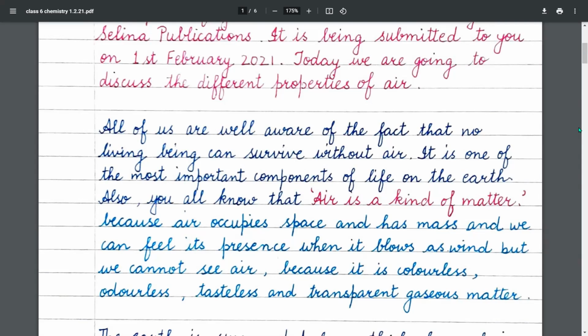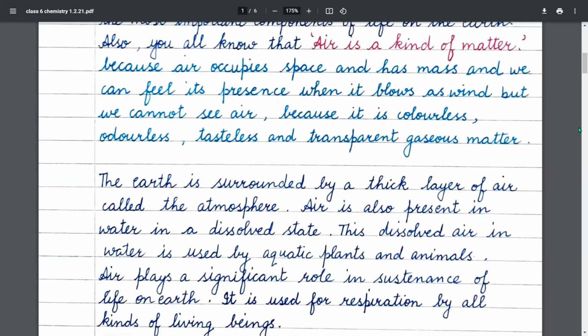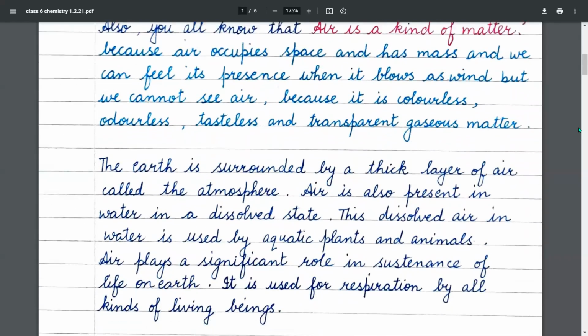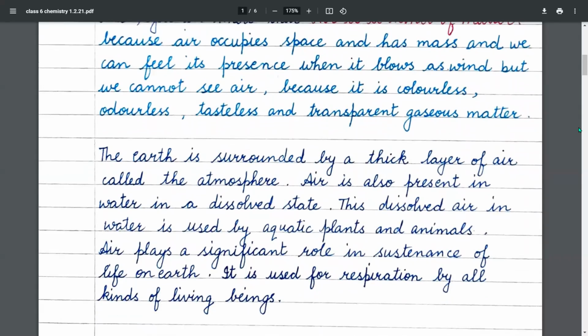But we cannot see air because it is colorless, odorless, tasteless, and transparent gaseous matter. The earth is surrounded by a thick layer of air called the atmosphere.